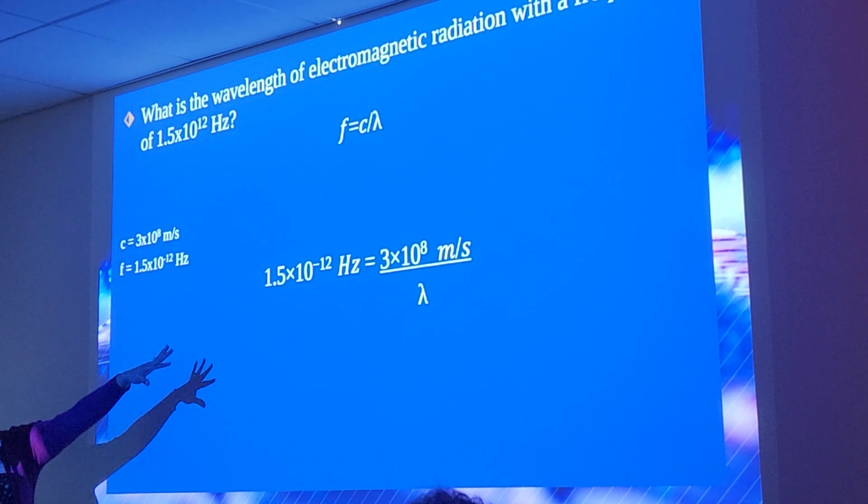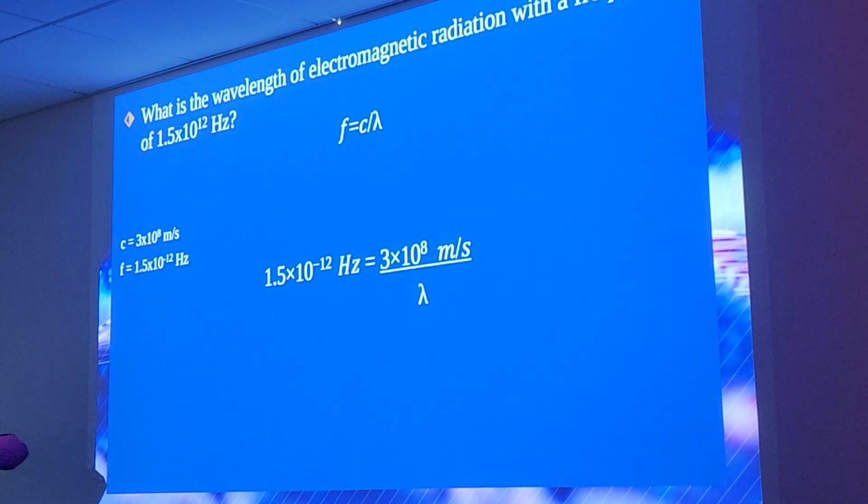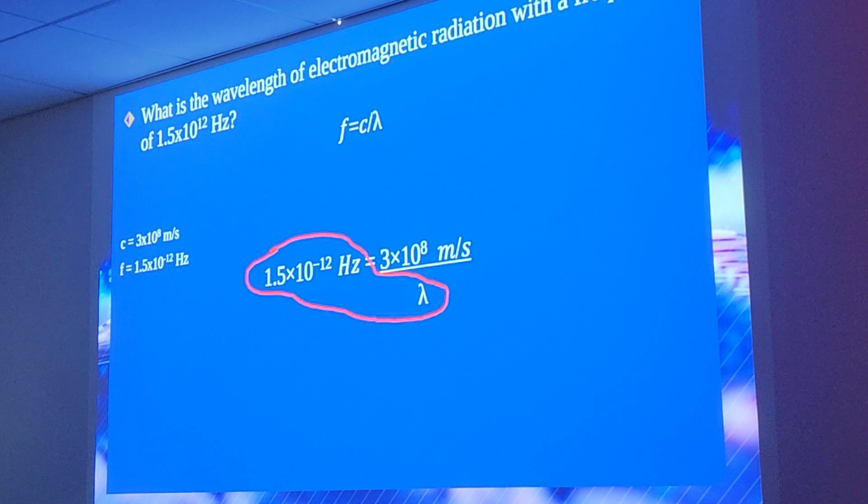So I have it written out. 1.5 times 10 to the power of 12 equals C divided by our wavelength. So, how are we going to get that wavelength by itself? We are going to do a cross multiplication, right?